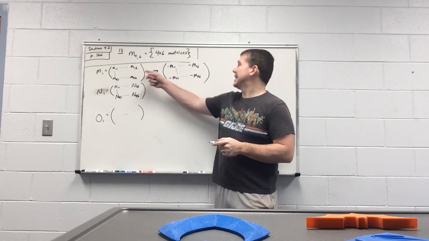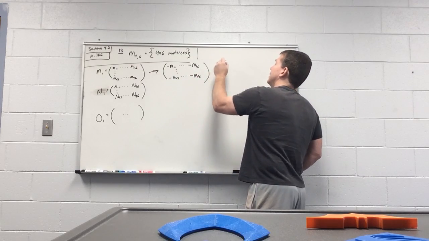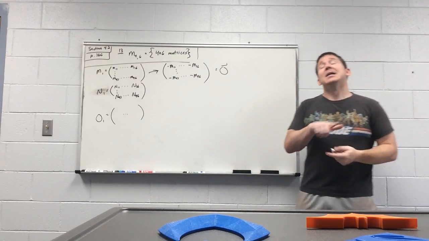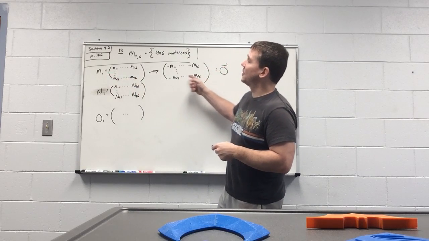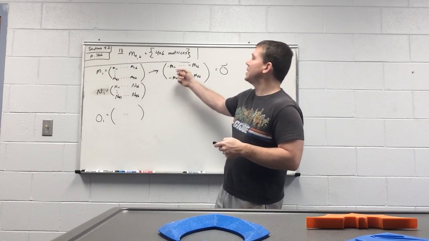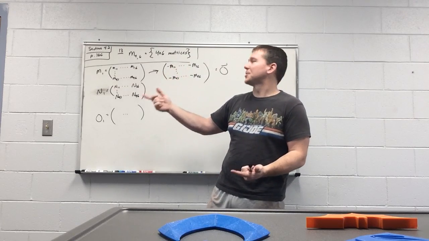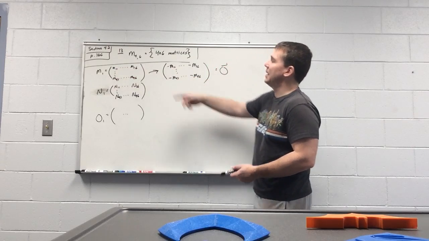And if I combine this and this, I'll end up getting the 0 vector, which means I'll have an inverse. And again, the idea is this matrix has an inverse because each of the components of the matrix are real numbers, and real numbers have inverses. So I can always find the inverse of this here.